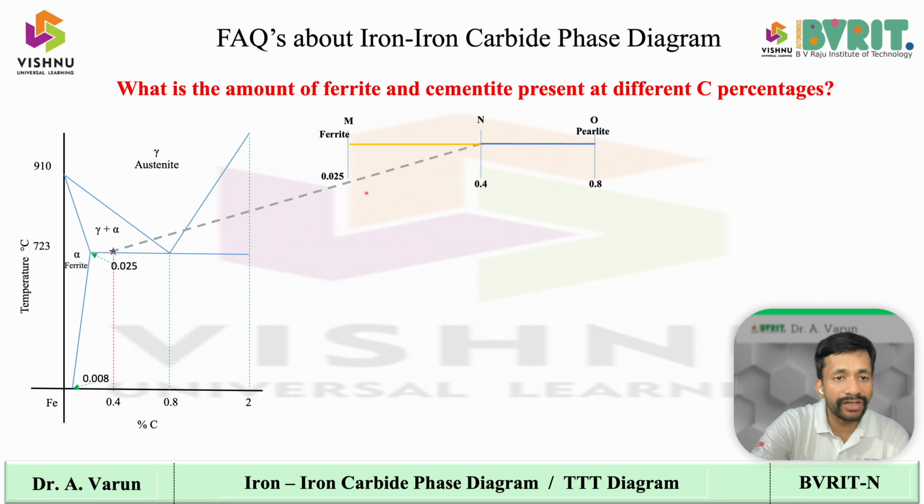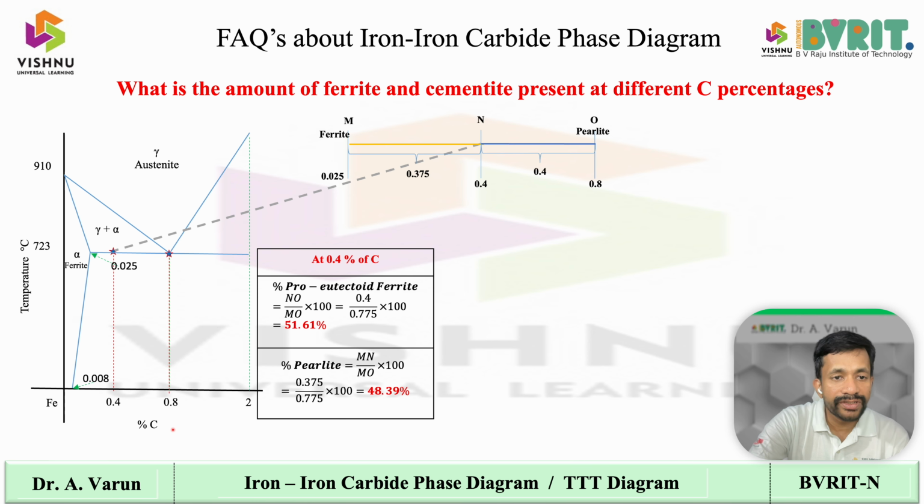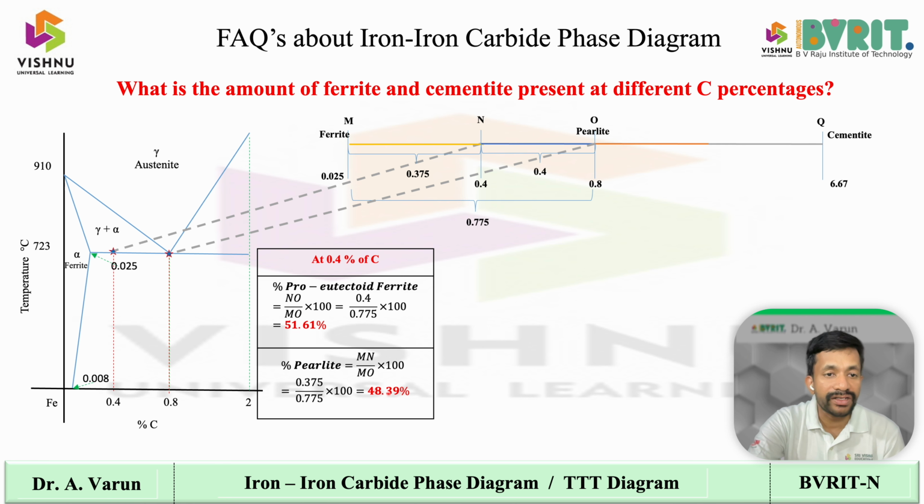In order to get ferrite, you have 0.025, and the given is at 0.4, and the perlite you are getting at 0.8. Let us calculate the values quickly. You will have protectoid ferrite as 51.61 and perlite as 48.39. And exactly at 0.8, you have one end ferrite and the other end you have cementite.